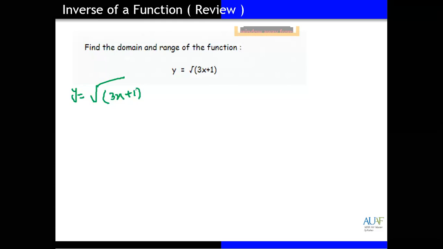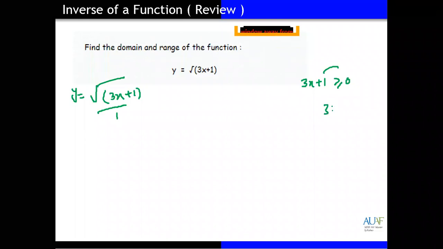We know that this is a square root, and the square root is present in the numerator. So when we have a square root in the numerator, we put 3x plus 1 greater than or equal to 0.